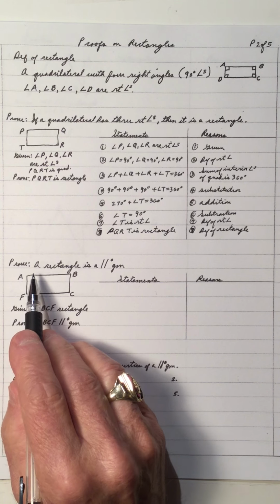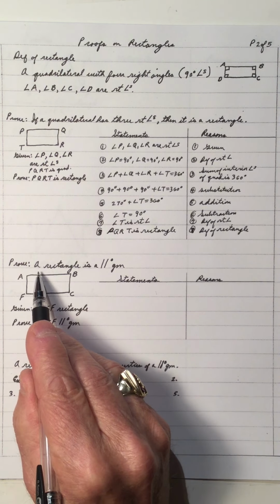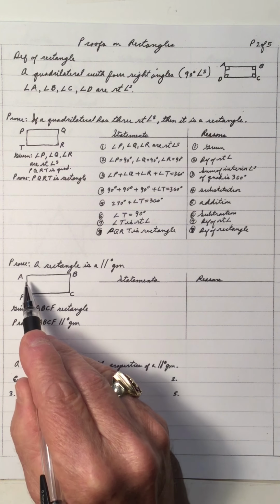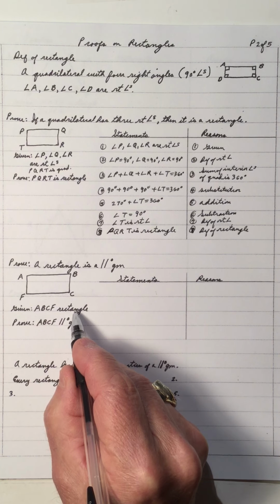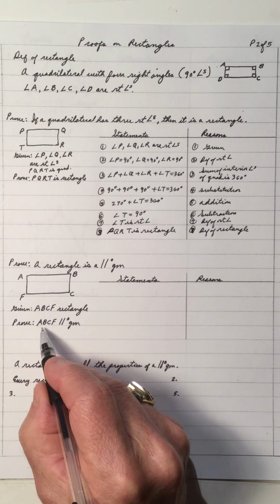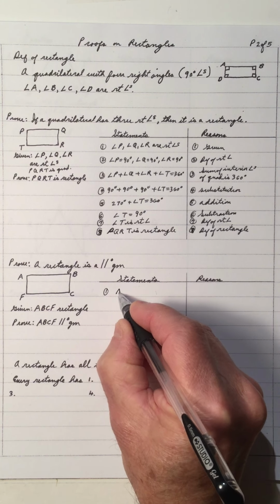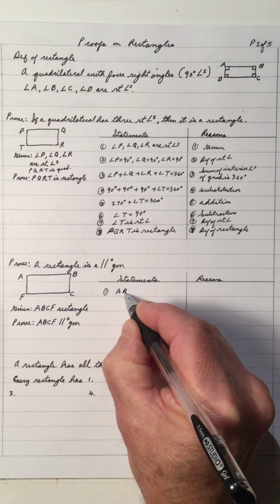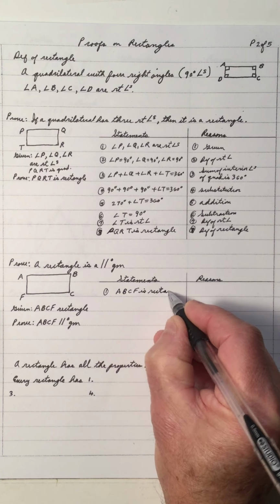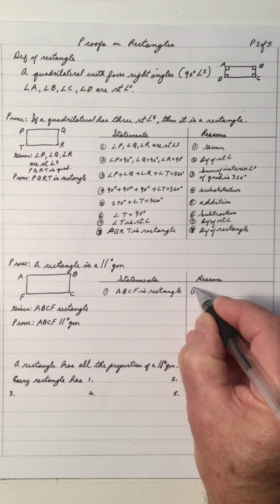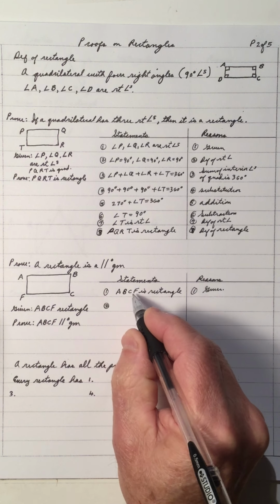Another proof. Again, you can pause the video and work these out if you wish. Your choice. A rectangle is a parallelogram. So ABCF is given as a rectangle. Prove that ABCF is a parallelogram. Well, we're given that ABCF is a rectangle.